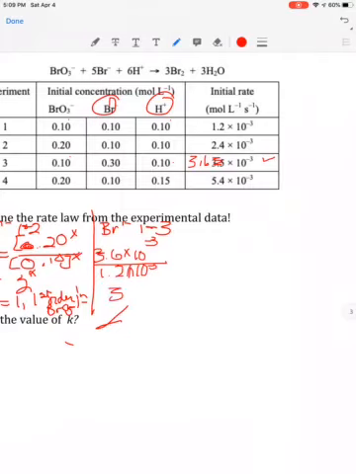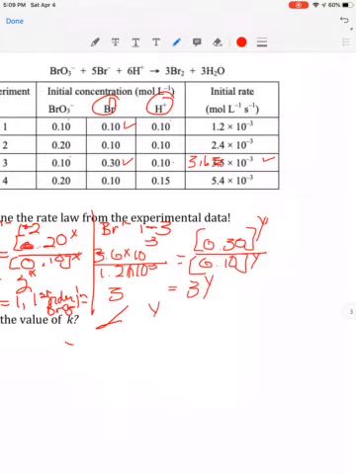So that's going to equal 3. And I'm going to have this value, 0.30, and 0.10. These will be both raised to the y power. So I get 3 to the y. And of course, again, y equals 1. So this is first order in Br 1 minus.